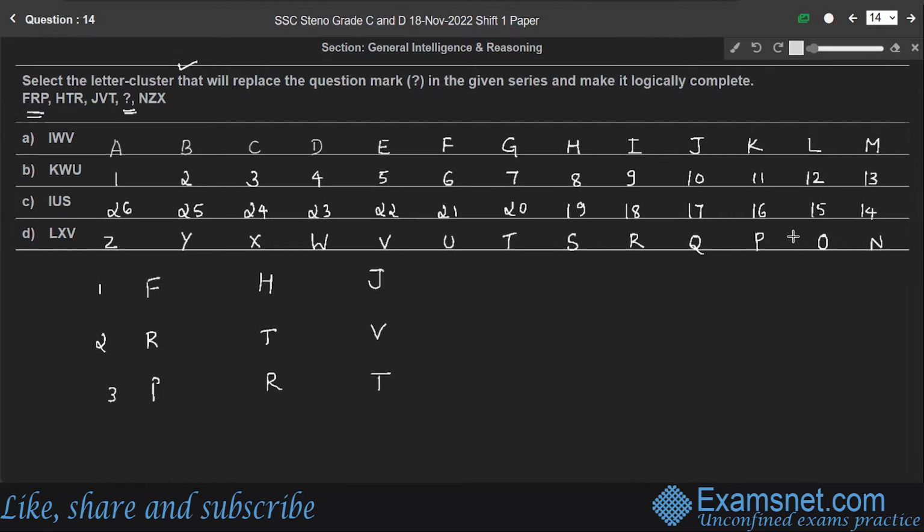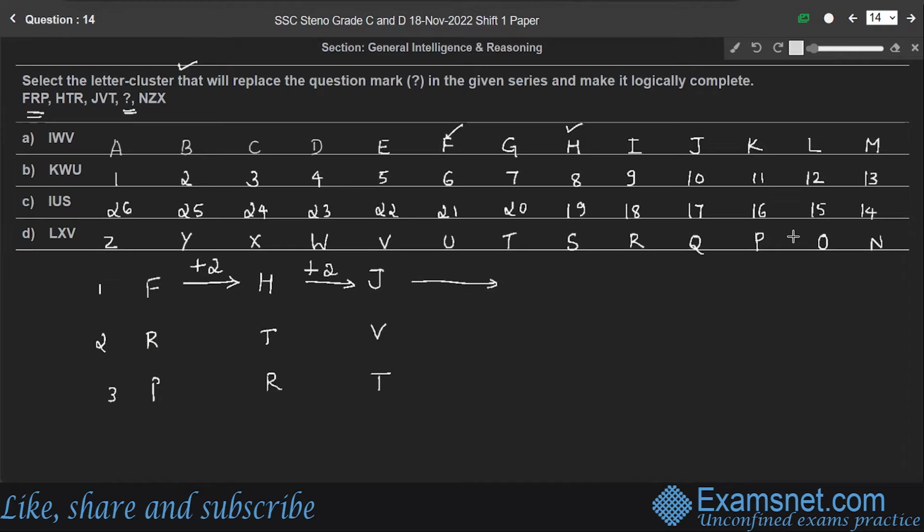Considering all first letters, F's position value is 6, H is 8, therefore I can write F plus 2 as H, and H plus 2 is J.